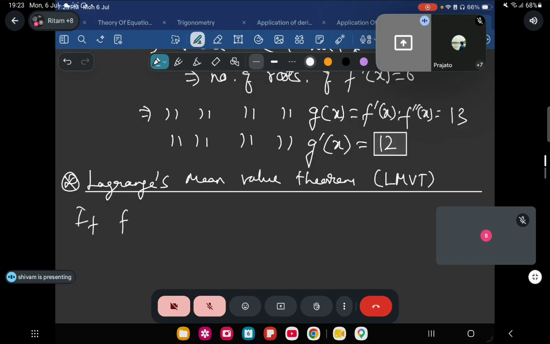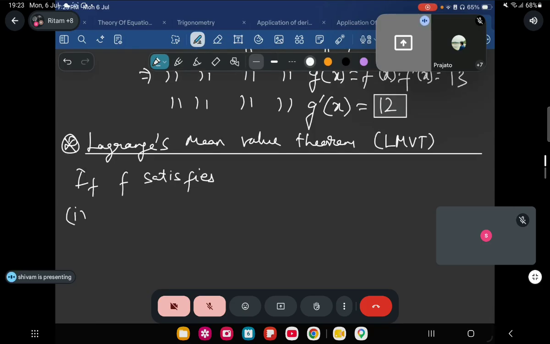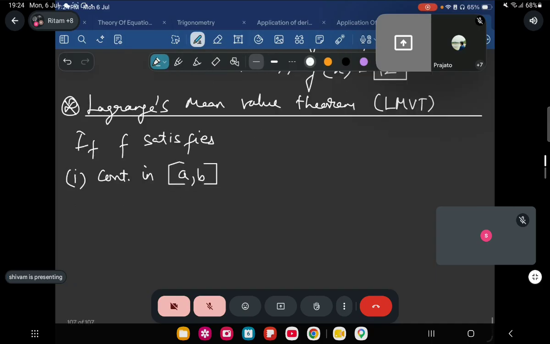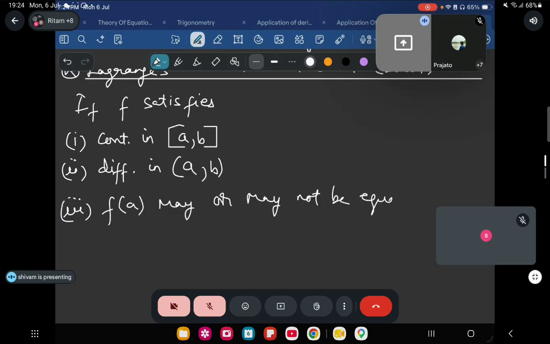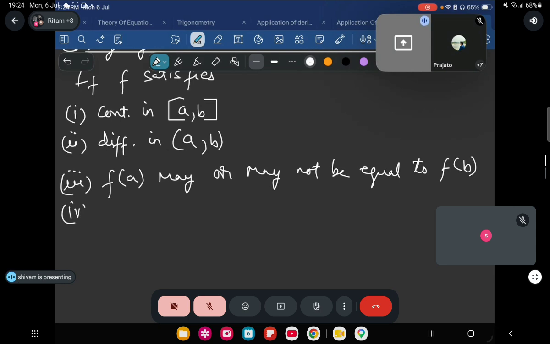If f satisfies the following: number one, continuity in closed interval a comma b. Number two, differentiability in open a comma b. Number three, f of a may or may not be equal to f of b, it does not matter.